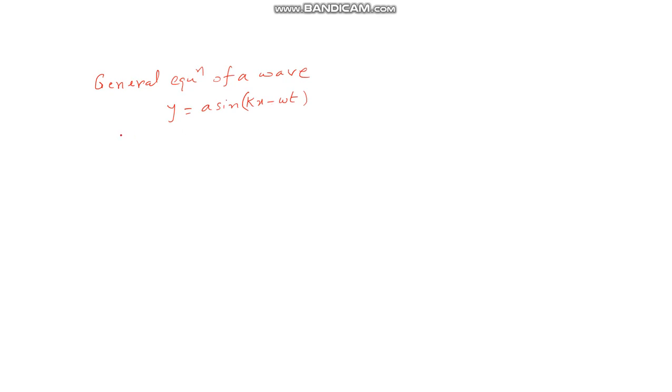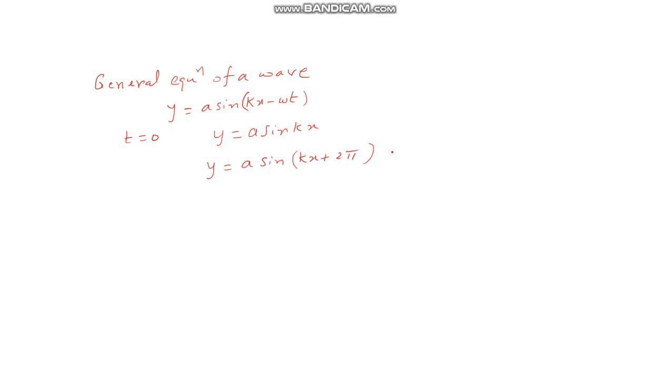Now let us see what happens at t is equal to 0. So at t is equal to 0, you have to put t is equal to 0 in the equation. So you get y is equal to a sine kx. So this equation can also be written as a sine kx plus 2 pi. Will this value change?